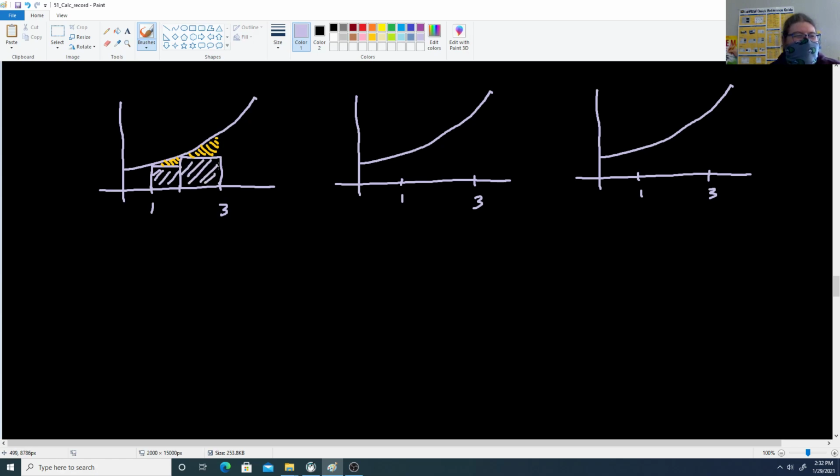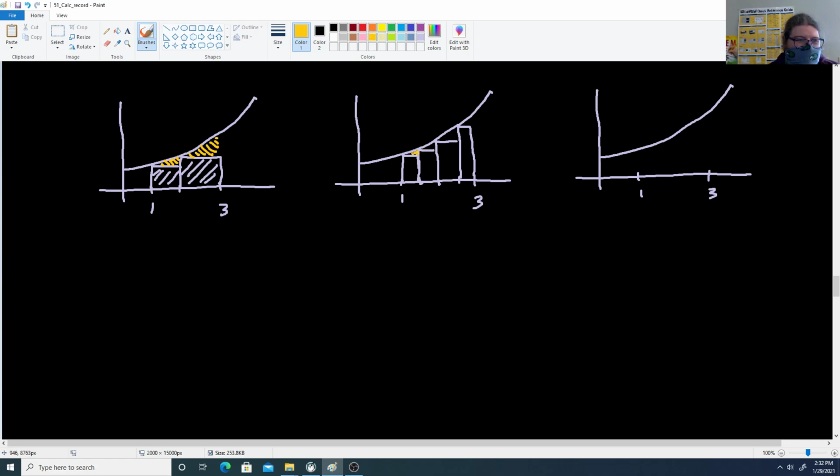Since we're only using 2 bars, we'd expect this approximation not to be great. If I go and use more bars, let's say in this one we use 4 bars, we go up, doing a left endpoint approximation. We're still undercounting, but since the bars are smaller, we're undercounting by a little bit less.